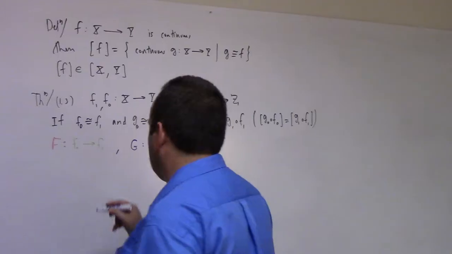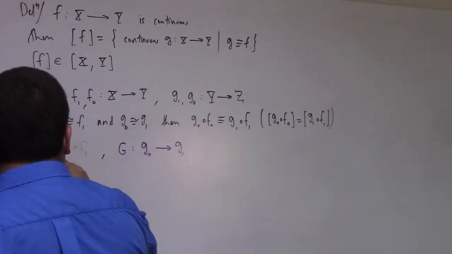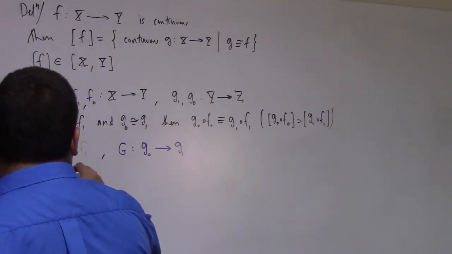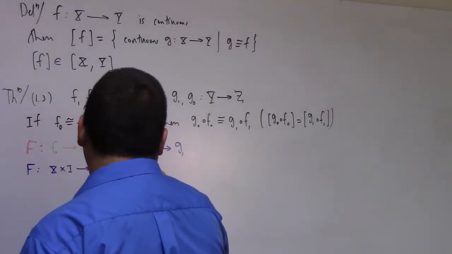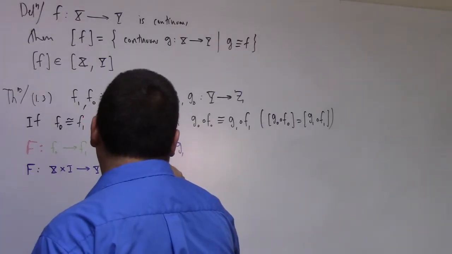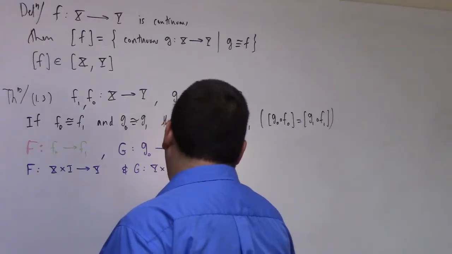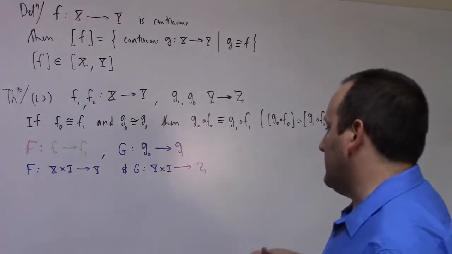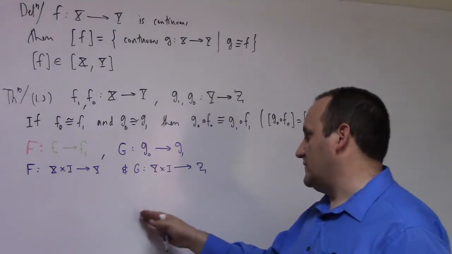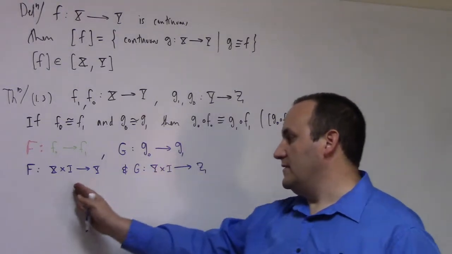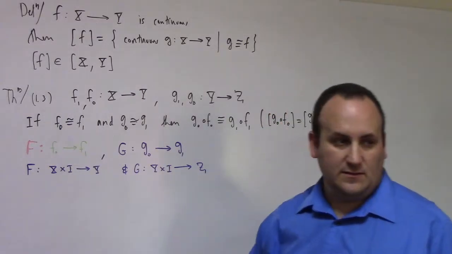So of course what that means is what? F is actually a mapping from X cross I to Y, is that right? And G is a mapping from Y cross I to Z, okay? Such that it's continuous, and if you plug in 0 for time, you get G naught. For 1 for time, you get G1. And likewise over here, plug in time 0, you get F naught. Plug in time 1, you get F1.